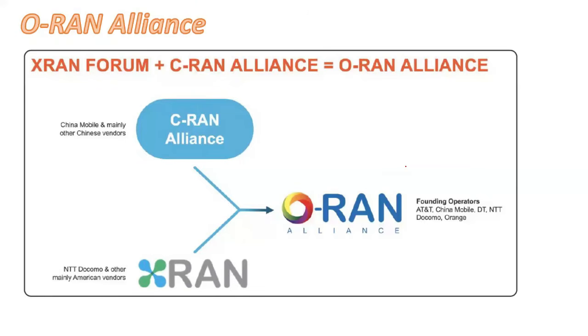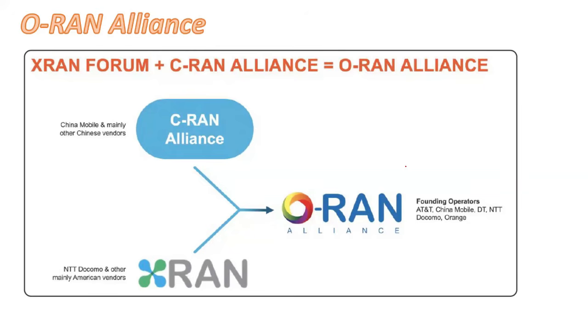Then we have the second group, which is the O-RAN Alliance. After 2 years, O-RAN was formed in Feb 2018 with the goal of promoting open RAN and intelligent RAN. So this is the second group, or organization, driving the RAN movement.